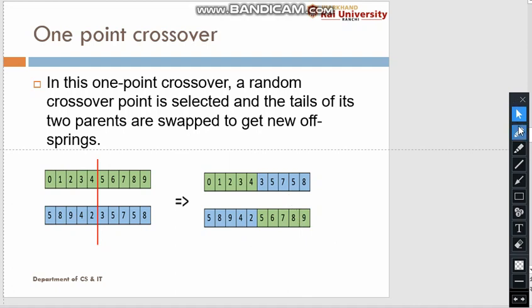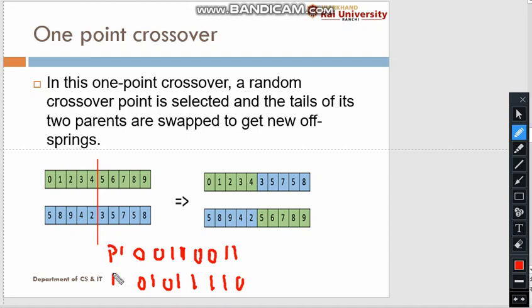Sometimes in another example you can also see that if we have taken the solution in the form of binary, then let's assume that I have taken the chromosome 1 represented in the binary form. If this is our parent 1, and this is our parent 2, then let's select the cross site.